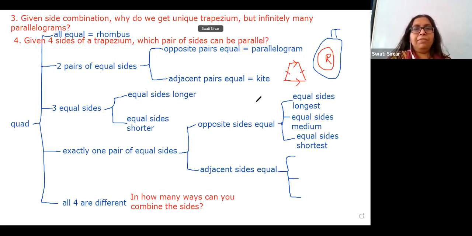If you want to define isosceles trapezium properly, you cannot do it only with sides. You need to bring in the angles. If you take any one of the parallel sides, then the angles adjacent to that side have to be equal.